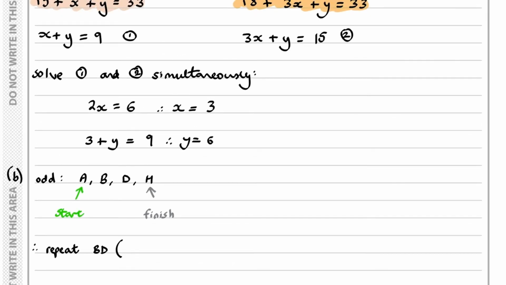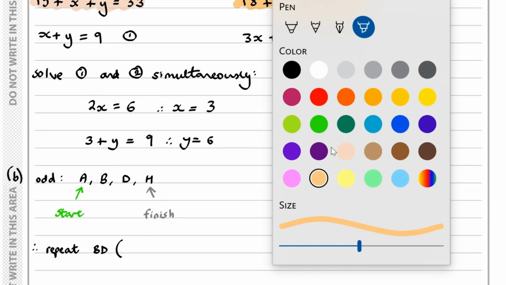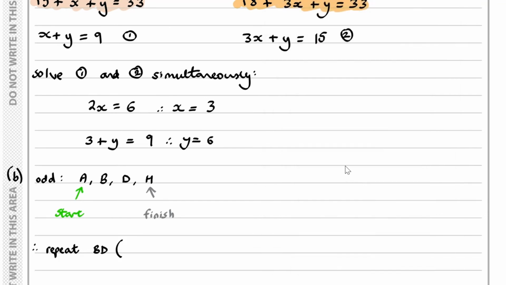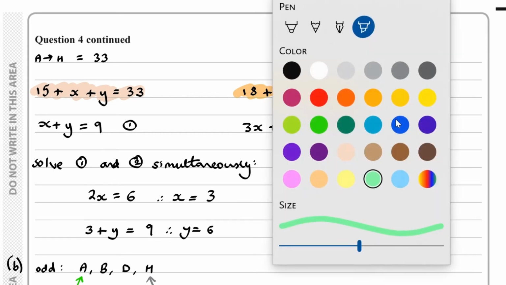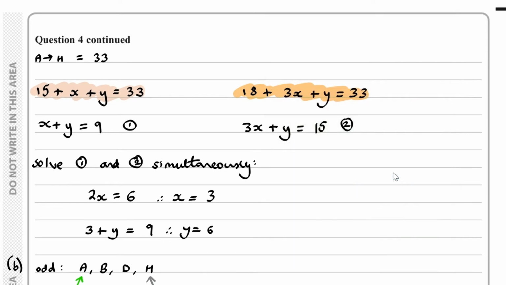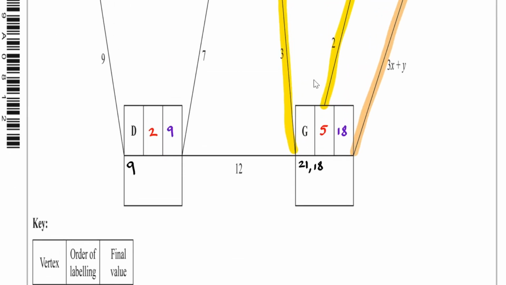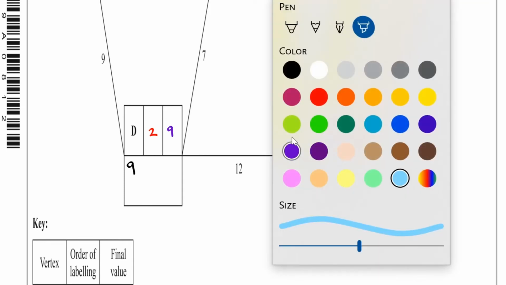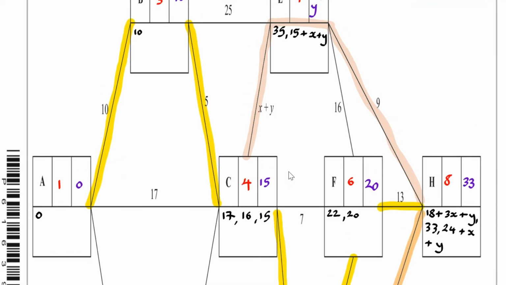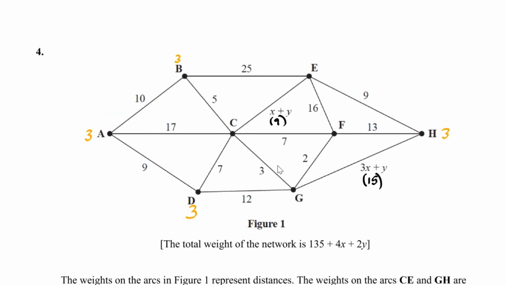if we show that, let's just grab a different colour highlighter. If you think about BD, if I go back to this diagram here, the shortest way we can go from B to D, well, we can go 10 plus 9, which is 19.